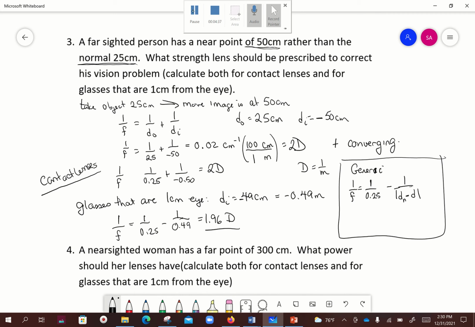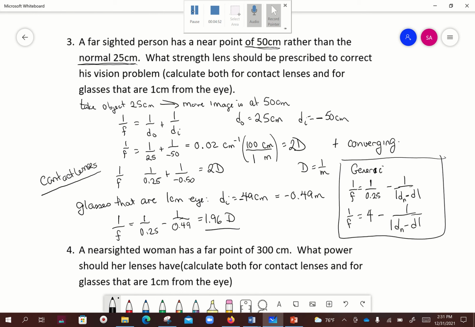So 1 over 0.25 is actually 4. So you sometimes see it written as 4 minus 1 over the person's near point distance minus the distance between the lens and their eye.